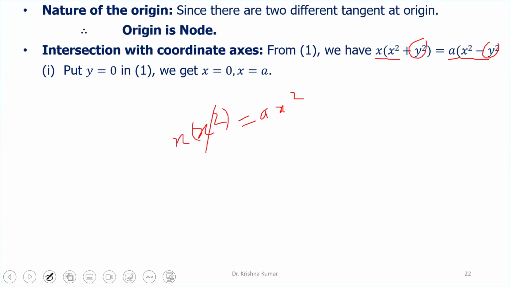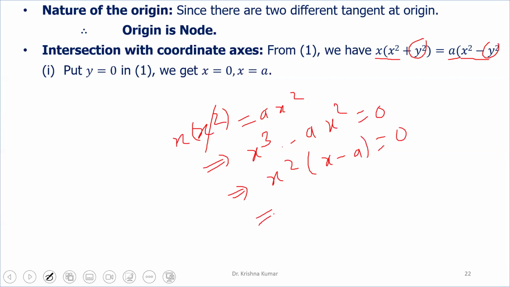This can be written as x cube minus ax square equal to 0, which gives x square times (x minus a) equal to 0, which gives x equal to 0 and x equal to a.